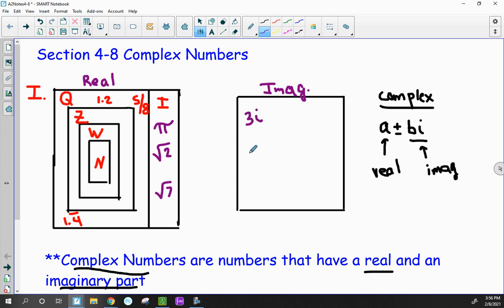So like 3i, 4 plus 2i. These are imaginary numbers, all because of this symbol. If it has a real part and an imaginary part, again, it's called complex. When it ties a real number from this set to an imaginary number, it's called complex.